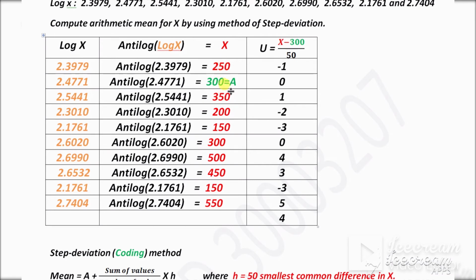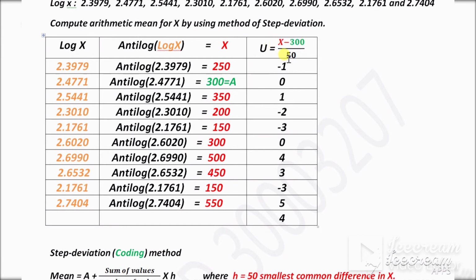Here the difference between two numbers is 50, here 50, here 150, here 50, here 150, here 200, and so on. But the smallest difference is only 50. That's why I will divide by the smallest difference, 50.